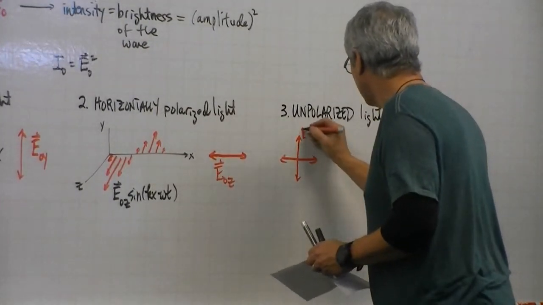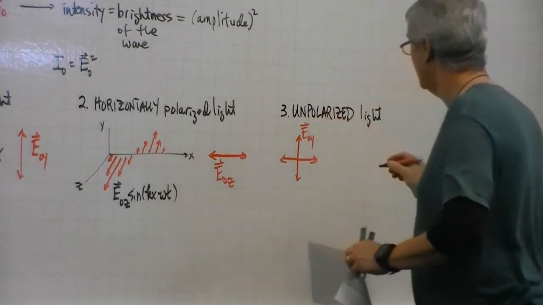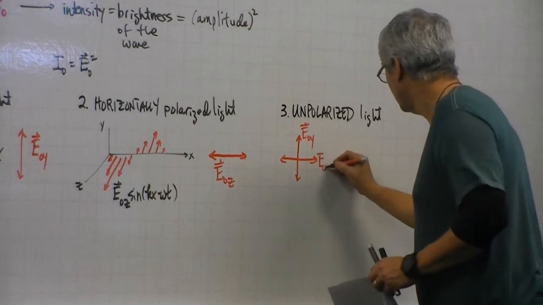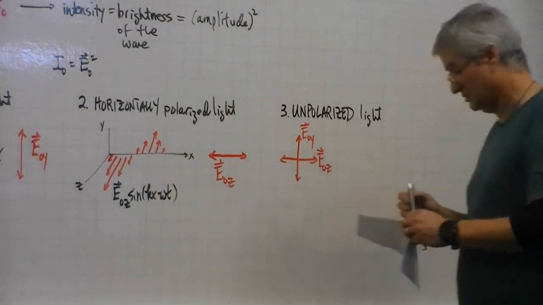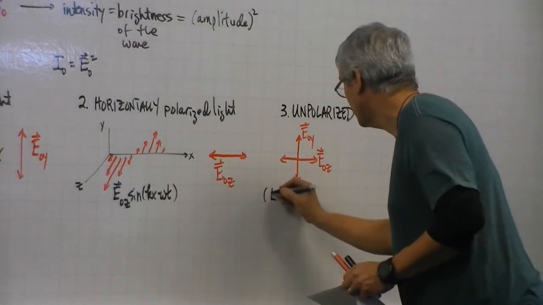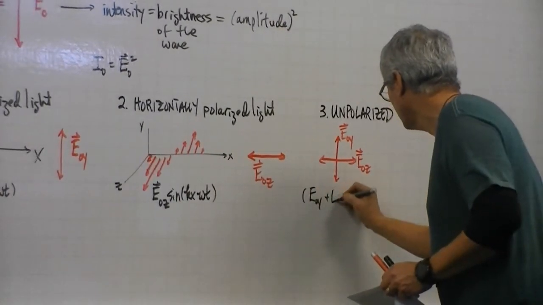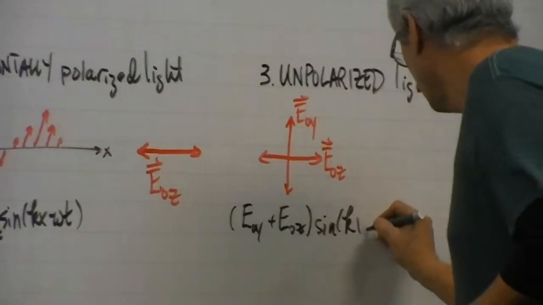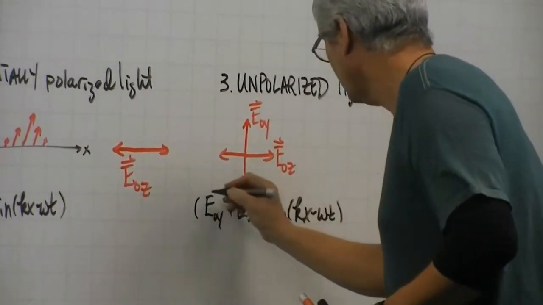This has amplitude E naught Y, and this has amplitude E naught Z. When I look at the full wave, it's a superposition of these waves, which looks like this.